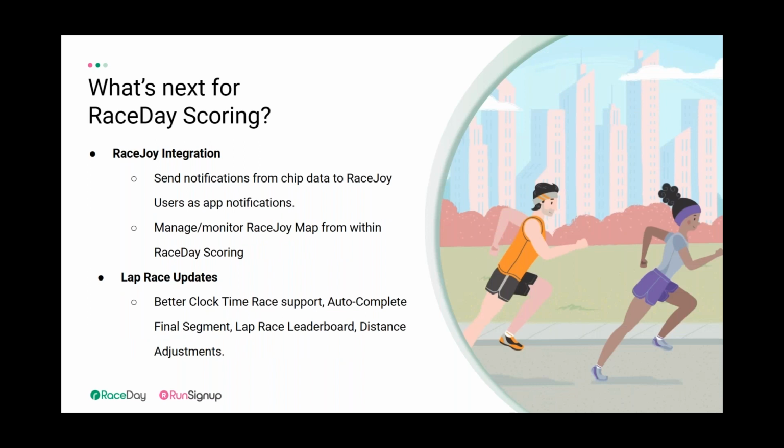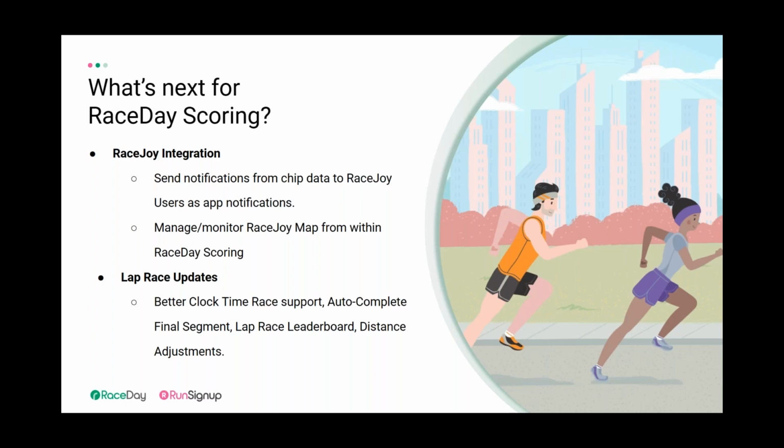One really interesting and fun thing that we're working on in the near future is a RaceJoy integration. This is something that's really exciting for us. What we're going to be doing is integrating RaceJoy with RaceDay Scoring so that you could send notifications from chip data in RaceDay Scoring to RaceJoy users as in-app notifications.